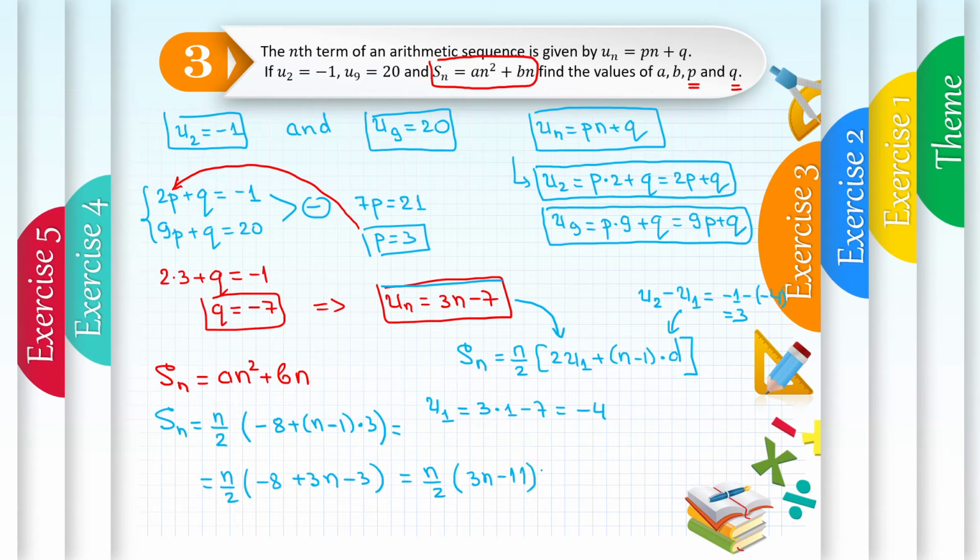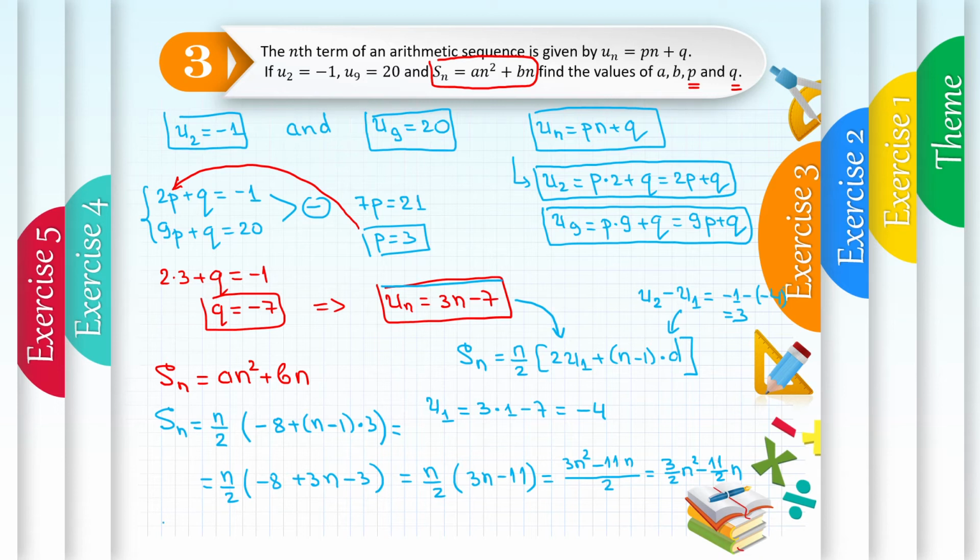So let's expand a little bit, it will be (3n squared minus 11n) all over 2, or 3 over 2 n squared minus 11 over 2 n.